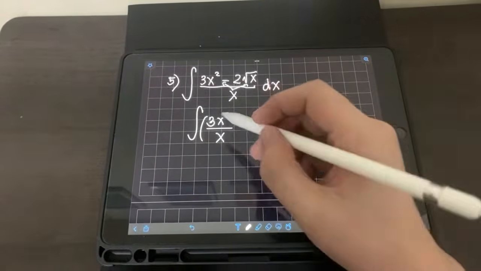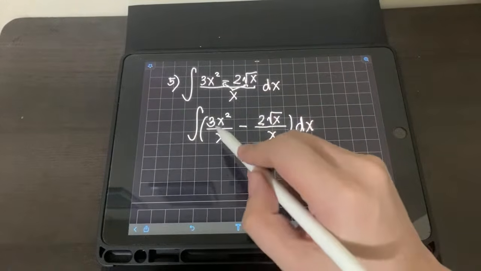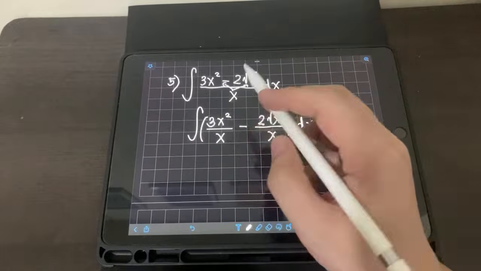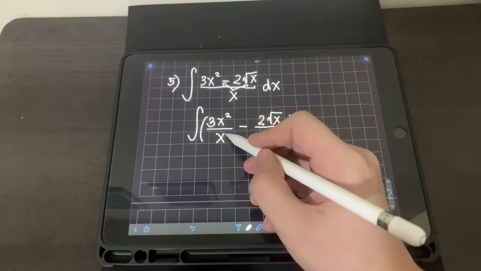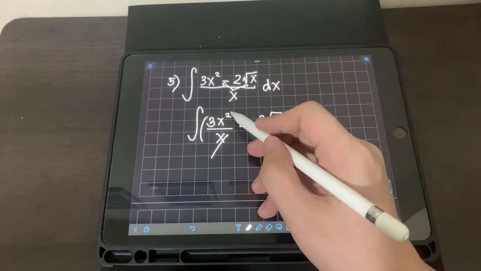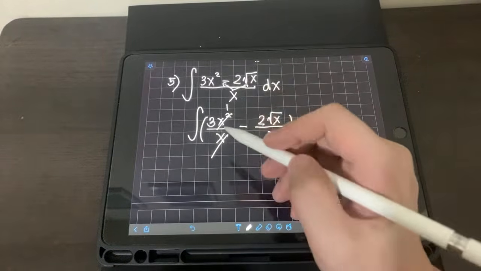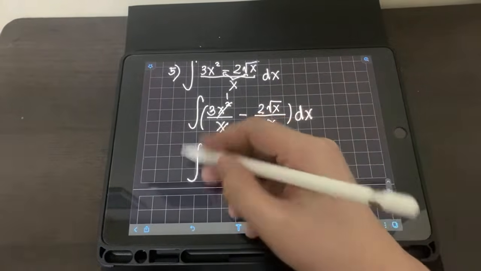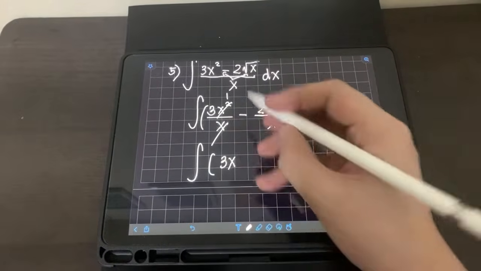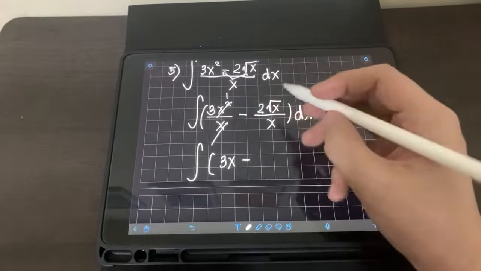And then, apply law of exponents. So, simplify 3x squared over x. So, you can just cancel na lang itong x sa denominator at isang x dito sa numerator. So, it will become x to the first, right? So, integral of 3x na lang minus, how about for this part?